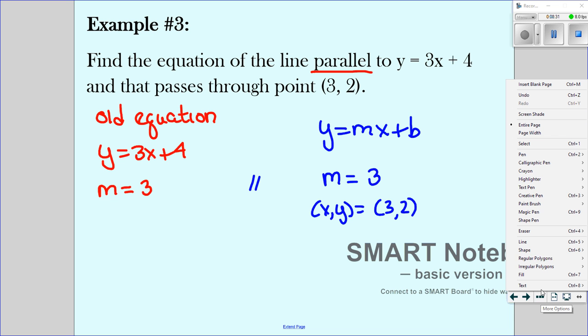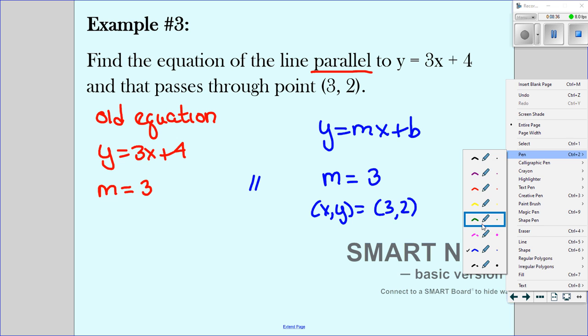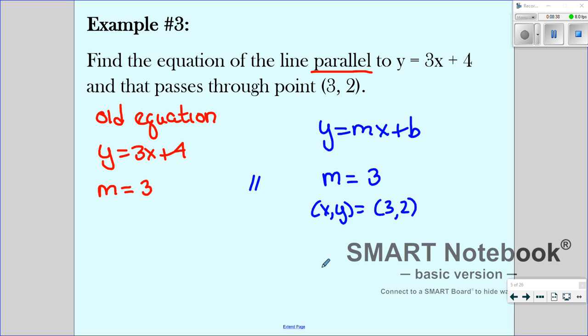I'm going to use green to work with that one. I'm going to use that equation and plug in all the information that was given. So I have my y as 2 equals, my m is 3, my x is also 3, and then plus b. I'm looking for b.